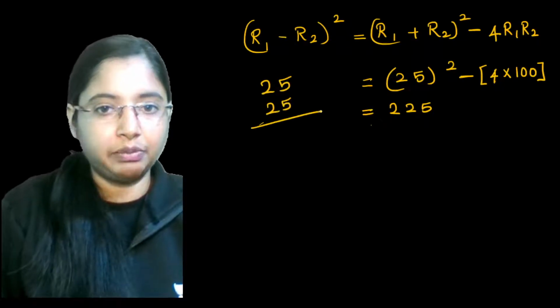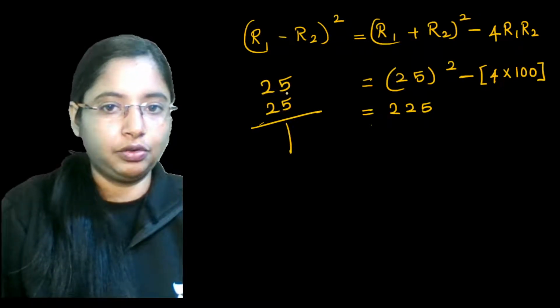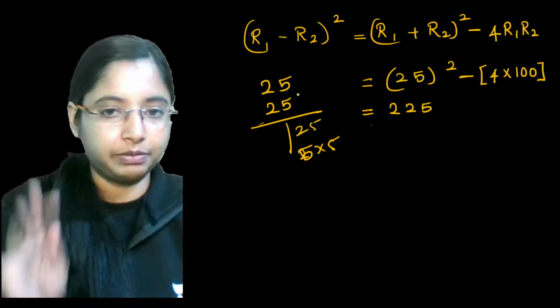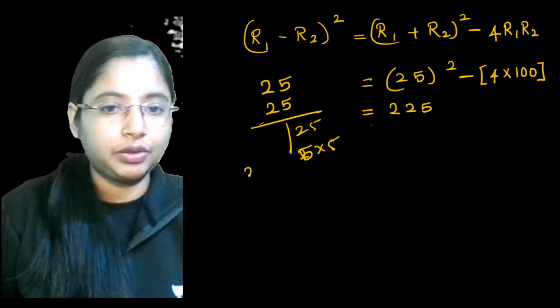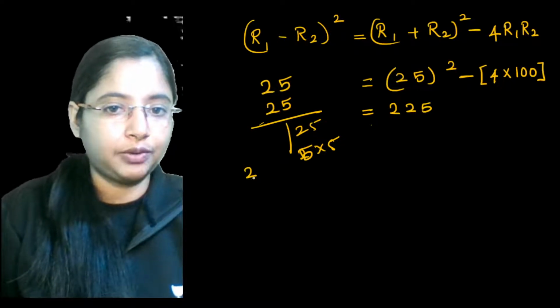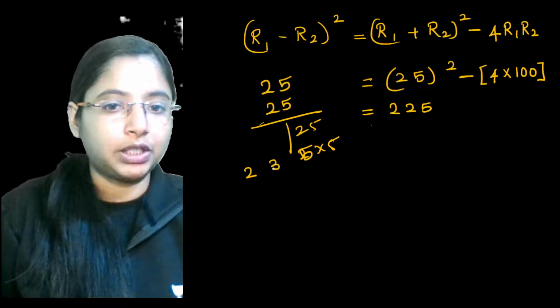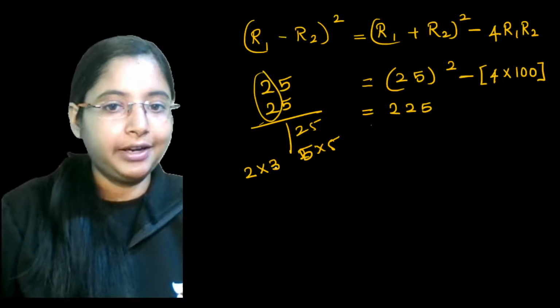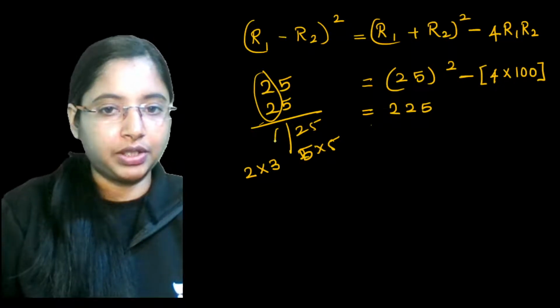When you are squaring numbers ending with 5, you will get the answer in two parts. The last part is 5 times 5, that is 25. So whenever you square a number ending with 5, the last part will be 25. For the previous part, take the tens place value, that is 2, and add 1 to it. It will be 3. Then multiply these two numbers: 2 times 3 is 6.